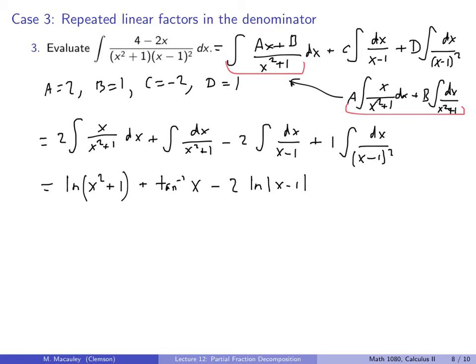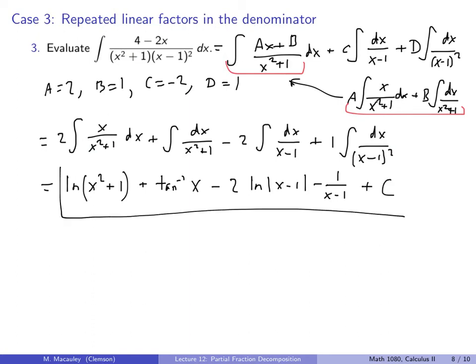And the last one is also a u substitution. Let u equal x minus 1. And so this last one is going to be minus 1 over x minus 1, and finally plus c.